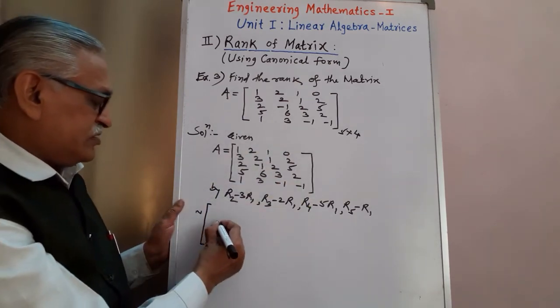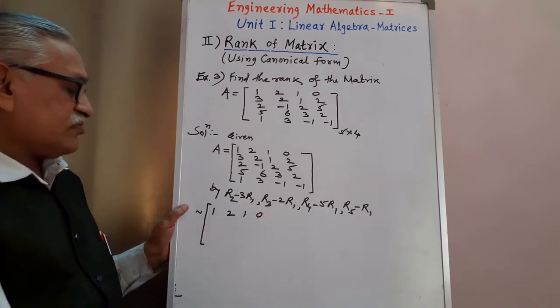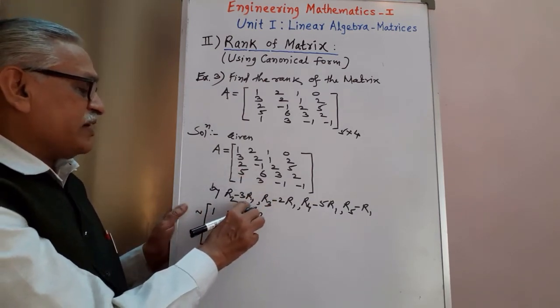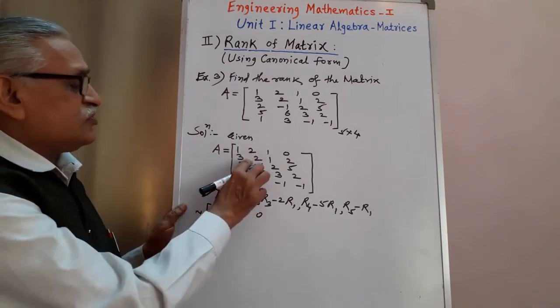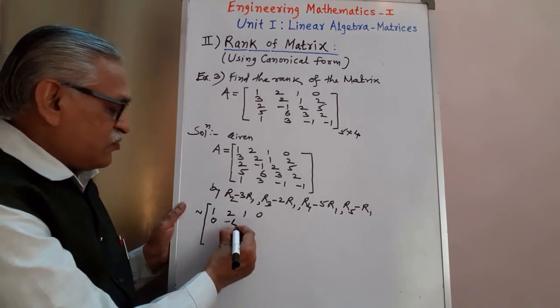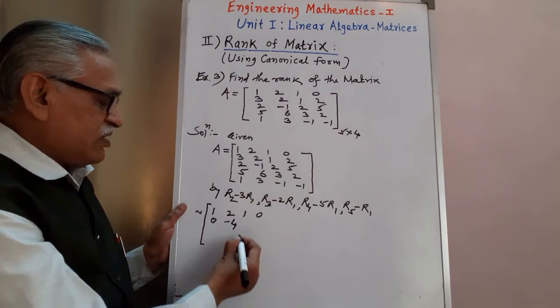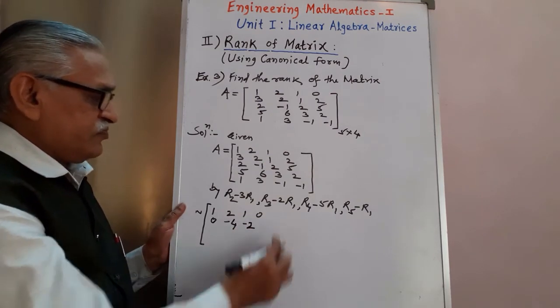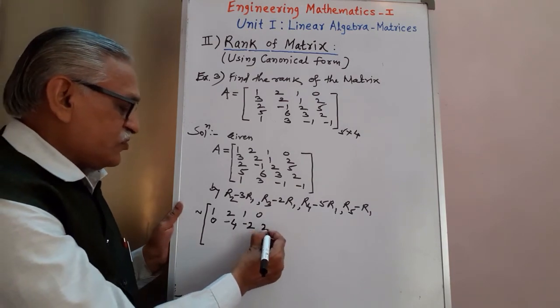And therefore, applying this, we have first row no change, 1 2 1 0. Then applying R2 minus 3 R1: 3 minus 3 times 1, 3 minus 3 we get 0, 2 minus 3 times 2, 2 minus 6 we get minus 4. Then 1 minus 3 we get minus 2, 2 minus 3 times 0, 2 minus 0 we get 2.